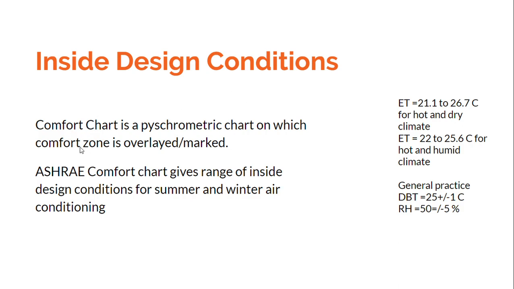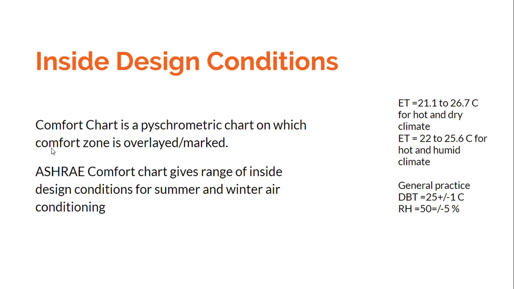These inside design conditions are also plotted graphically in the form of a comfort chart. Comfort charts are interesting charts in which you would find a special type of psychrometric chart on which some comfort zones are drawn.